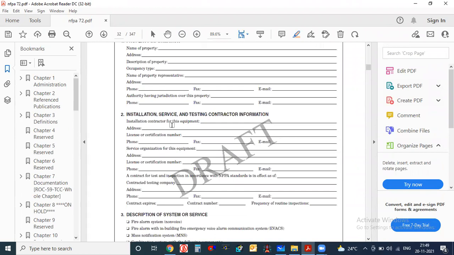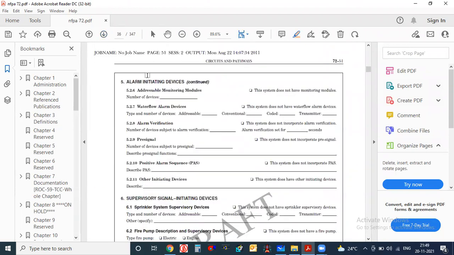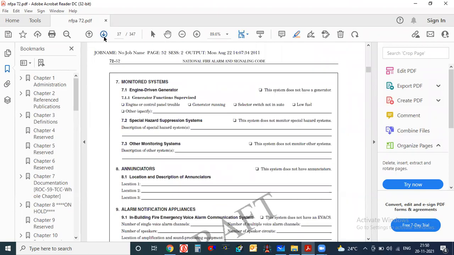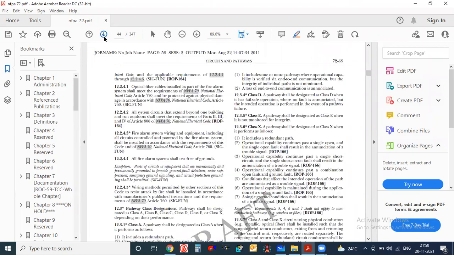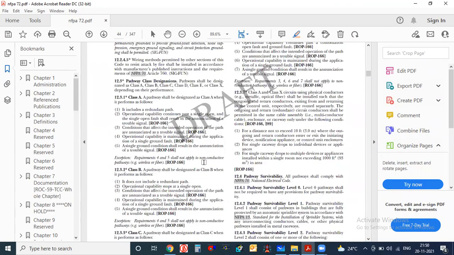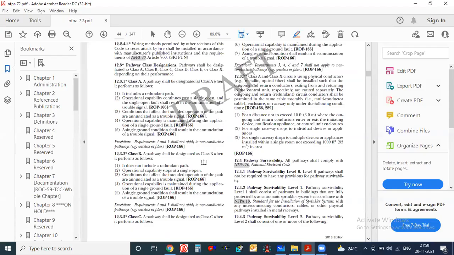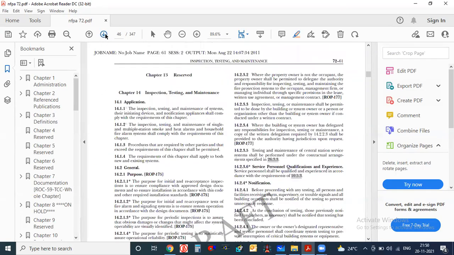Just skip this and see here, they have given certain alarm initiating devices and some procedures. You can see two-way communication, single-way communication. And what is the next chapter? Pathway. Again, this is also electrical inspection, testing and maintenance of the fire alarm system apparatus.